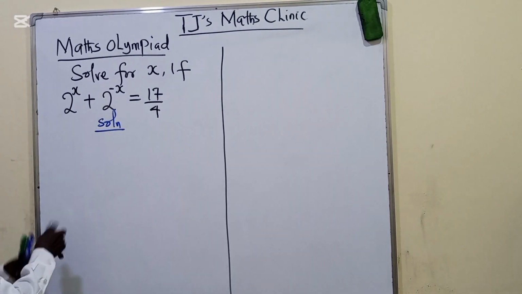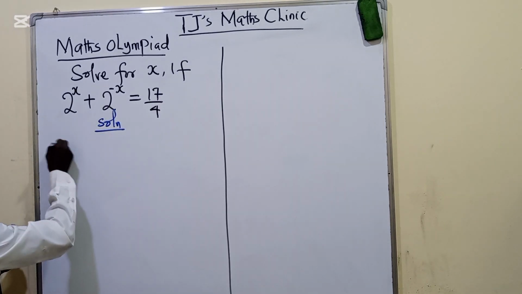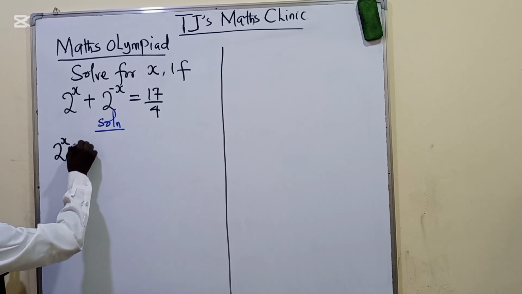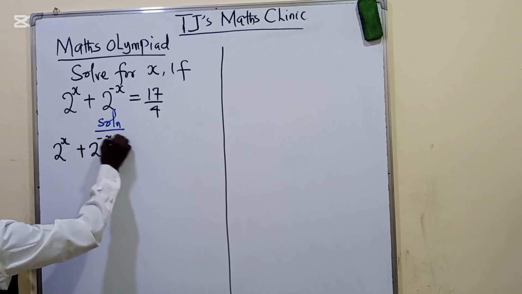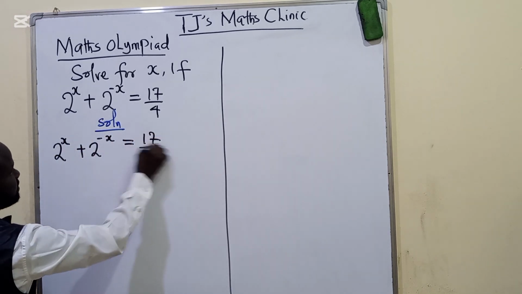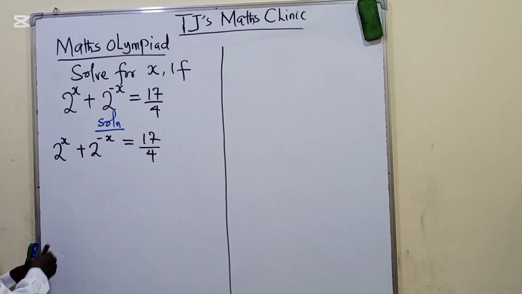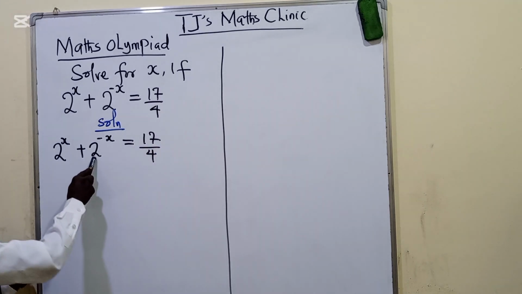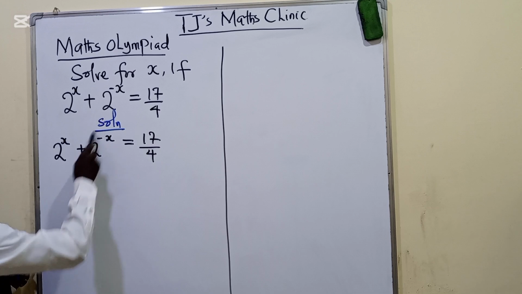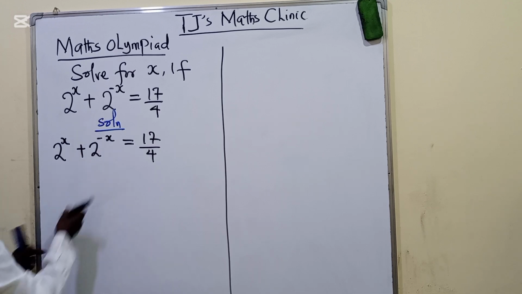We have 2 power x plus 2 power minus x equals 17 by 4. From one of the laws of indices, the negative law of indices, we can apply it to this 2 power minus x.